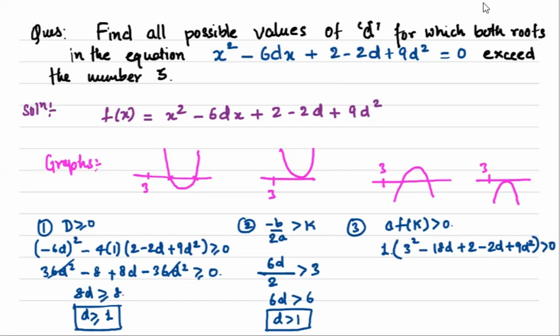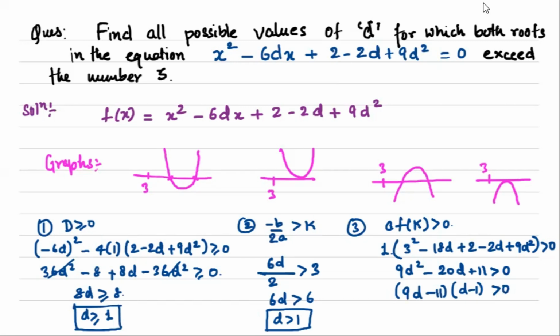If I solve this, I'll get 9d squared minus 20d plus 11 is greater than 0, which can be factorized as 9d minus 11 times d minus 1 is greater than 0, right?